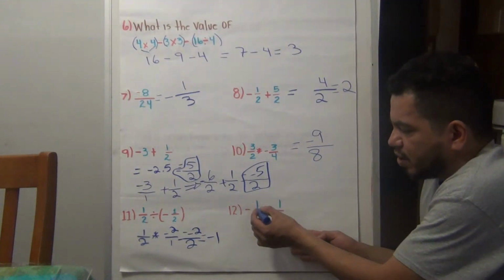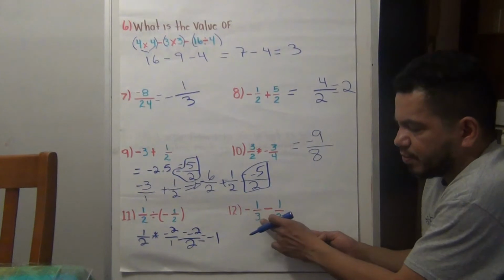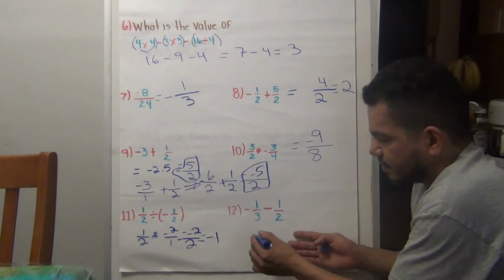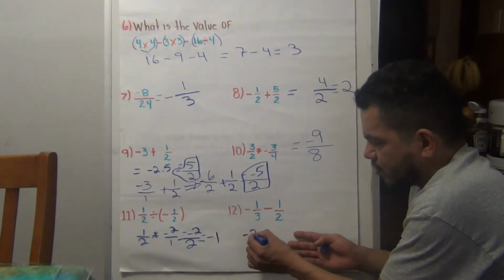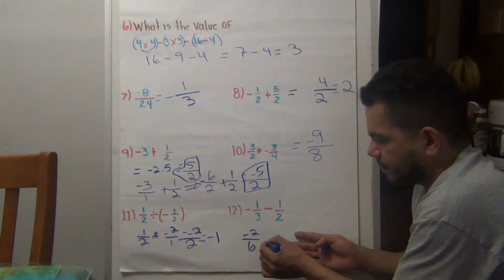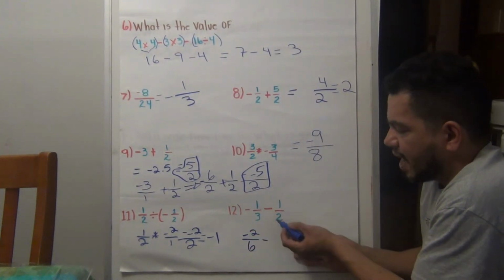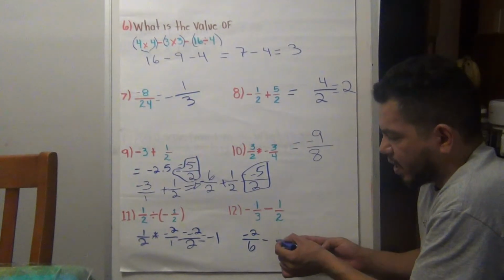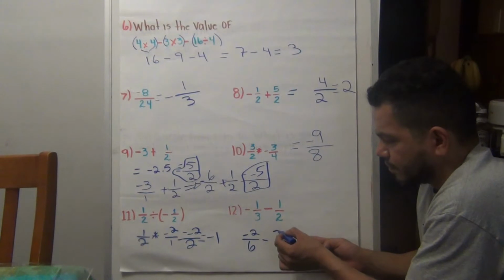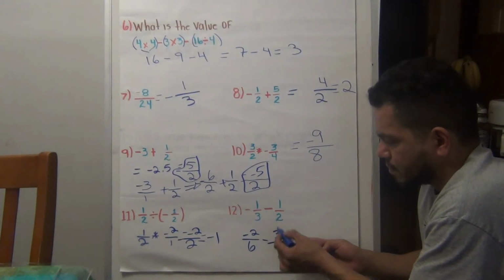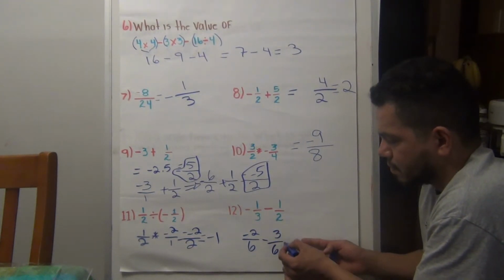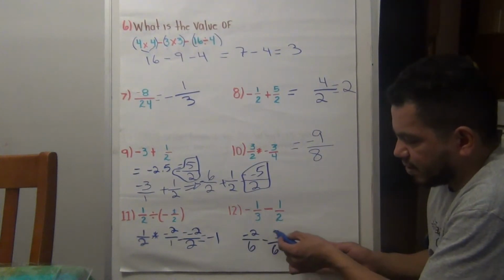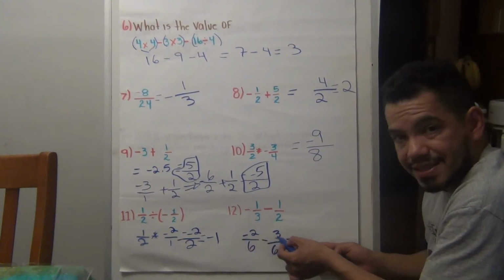So how do I turn this into a 6? I multiply by 2, right? So multiply by 2 over 2. So I get negative 2 over 6. Minus, how do I turn this into a 6? Multiply by 3. So 3 over 3. So I get, and now negative 2 over 6 minus 3 over 6, they both have the same sign.